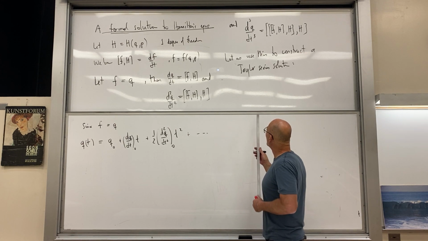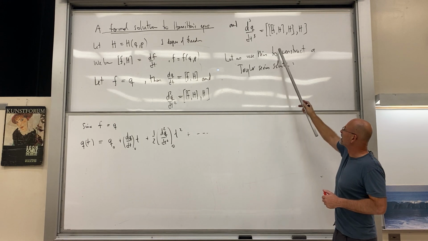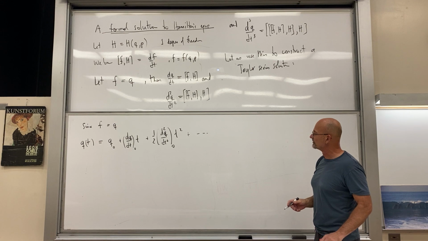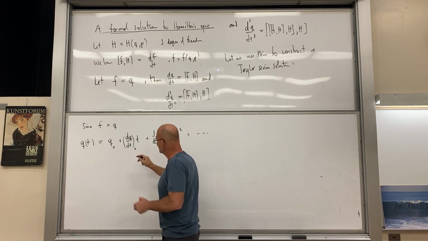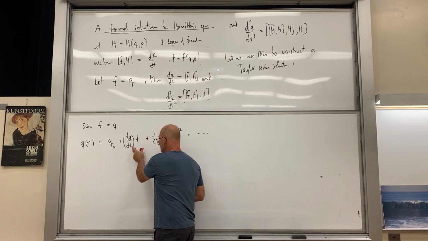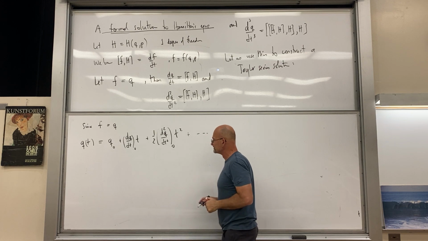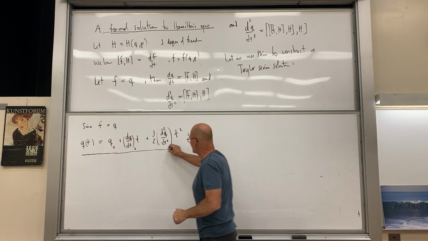Now it looks like if it's an infinite series, you don't want to do an infinity of these, but we'll see in a moment that we don't necessarily have to. This is the derivatives evaluated at 0, t squared, t cubed would be the next one, and so forth. So there's your formal solution right there.